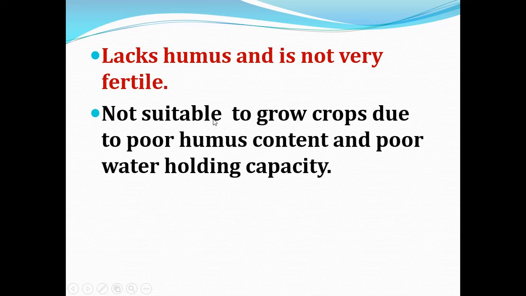It's not suitable to grow crops due to poor humus content and poor water holding capacity. As I have told already in the previous point, it has a very poor water retention capacity, that is poor water holding capacity, and it lacks humus, so it's not suitable to grow crops in sandy soil.